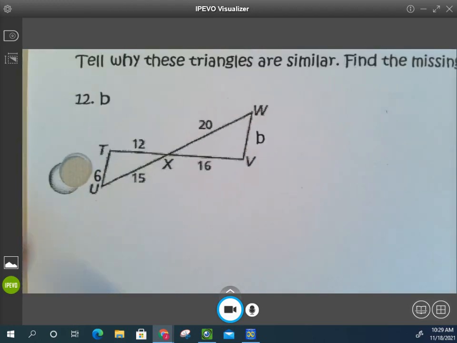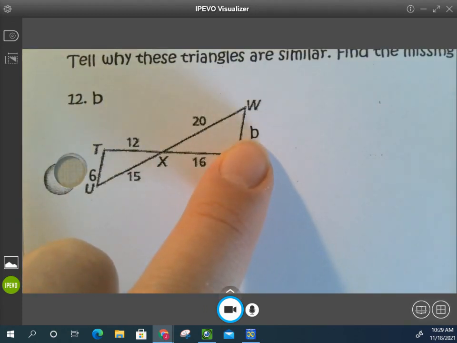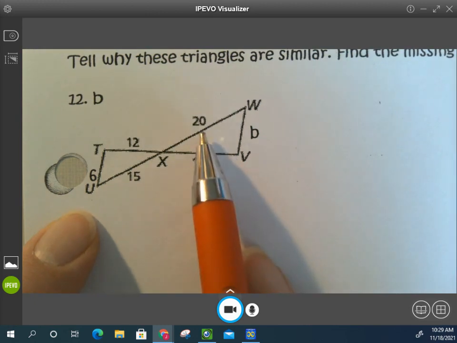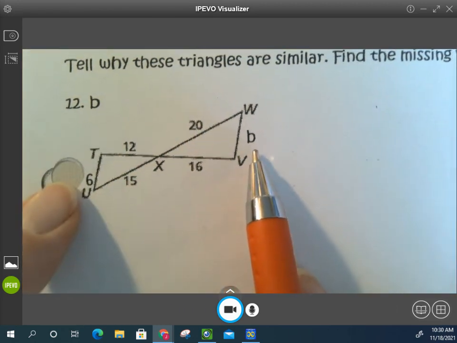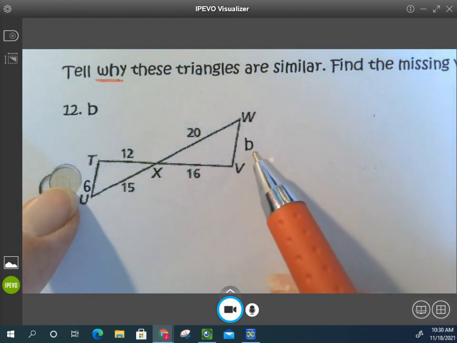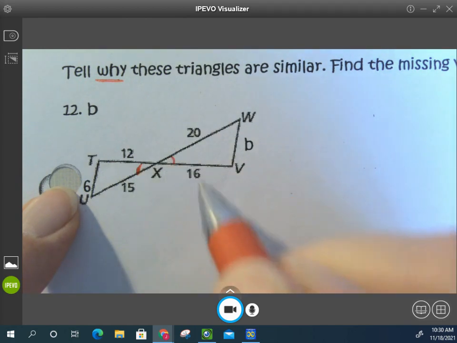So looking at example 12, we're supposed to find B, and B is right here. I know it doesn't look like a variable. So looking at this, we have 3 sets of sides, but I can't use side, side, side for the Y because I don't know that side. Got it? But you guys have been telling me about these vertical angles.